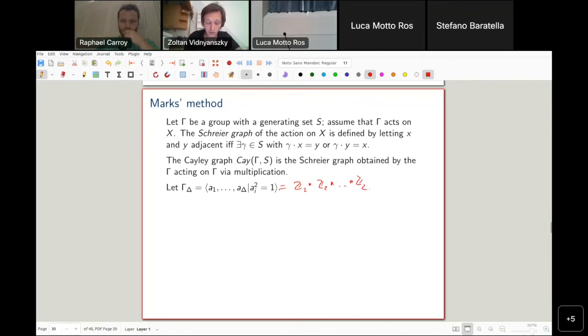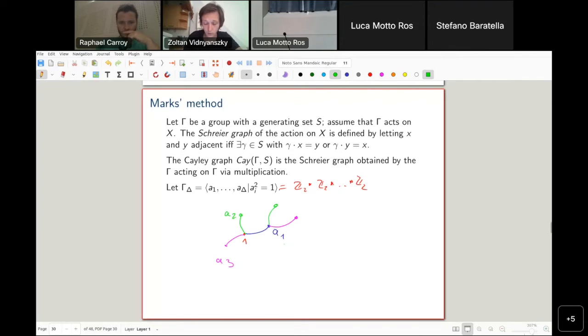And I will draw just the Cayley graph to illustrate it. So here is one, and I can move with these generators. For example, the first generator is A1, the second is A2, and the third is A3, and then I can move A1 with A3 further, and A1 with A2 further.